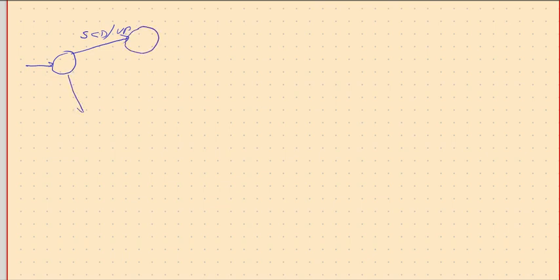If we get input S greater than D, then we should move it down, so we reach another state. And if you are here and if S is less than D still, then you should keep doing this.